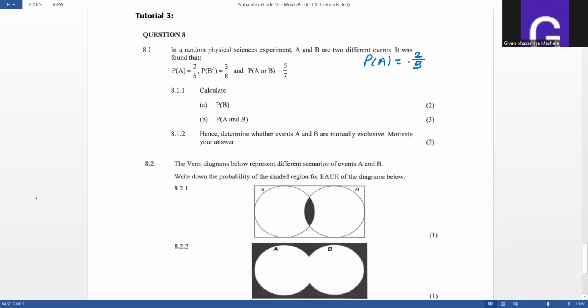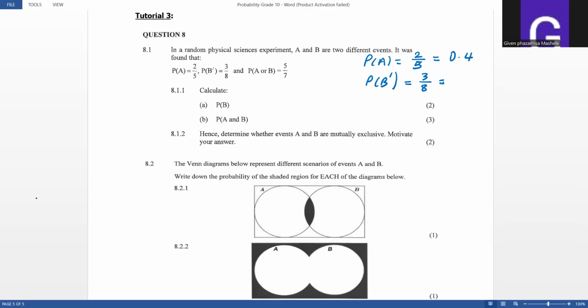And notice 2 over 5 is the same as 0.4. And the probability of not B is 3 over 8. It's 0.375.